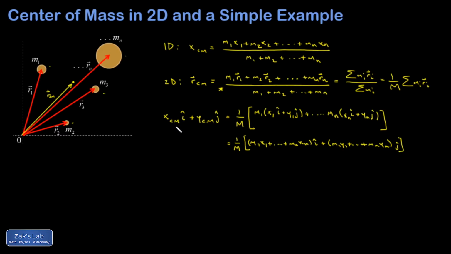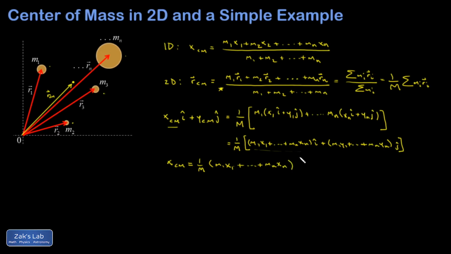If I compare the left and right hand sides of this equation now, x center of mass has to be equal to the coefficient of i hat on the right-hand side. I get that the center of mass x coordinate is 1 over M times m1 x1 plus all the way down to mn xn.